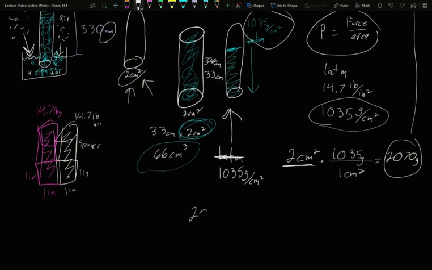I have 2,070 grams and a volume of 66 centimeters cubed for all of the liquid in that tube. Divide those by each other, and what we will find is that this must be 31.4 grams per milliliter.